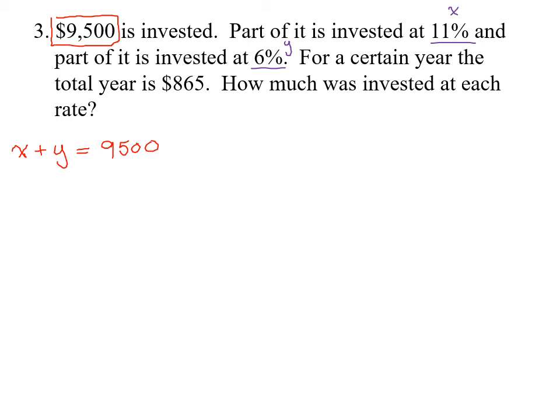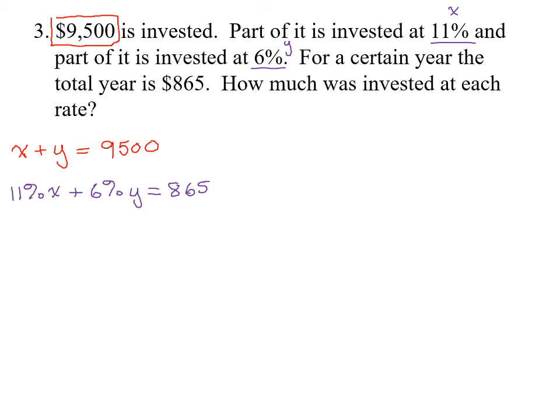And then you do the percentages. The 11% goes into the X account. The 6% goes into the Y account. That made $865. And that's my other equation. Very much like what the equation would have looked like back in chapter 1.